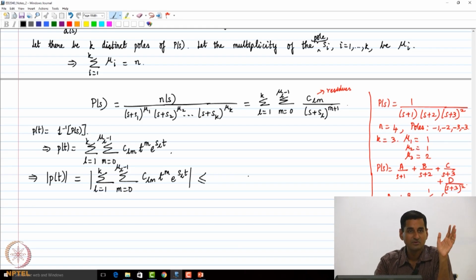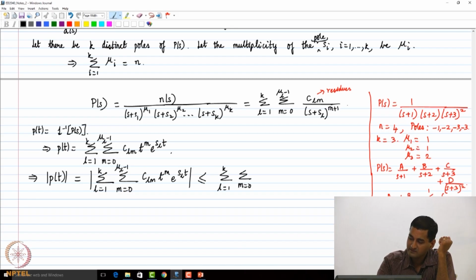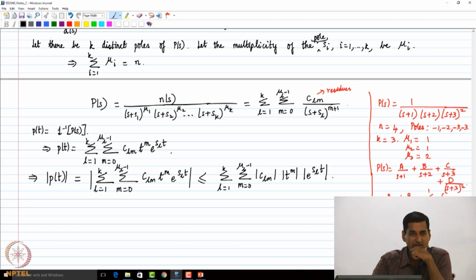The absolute value of a sum of numbers is going to be less than or equal to the sum of the individual absolute values. So what will I have? I'll have this. Do you agree? That's what we'll have.